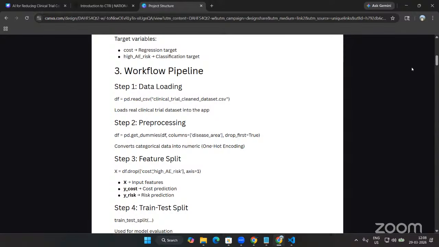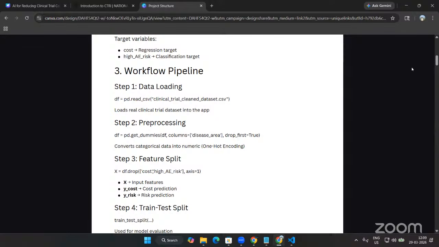Step number two is pre-processing. Once the data gets loaded, the next step is pre-processing the data, which means making the data ready for the model to learn from. In pre-processing, there are many things, but this data itself is cleaned data. So we require one pre-processing step, that is converting the categorical data into numeric.